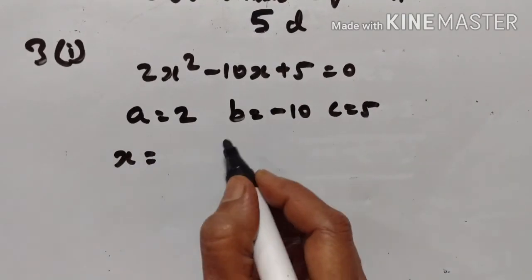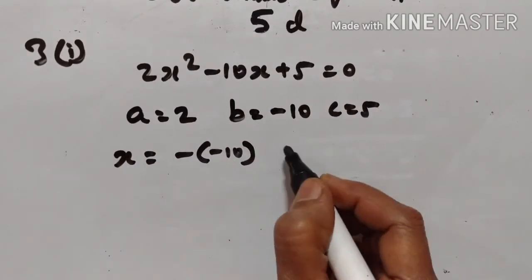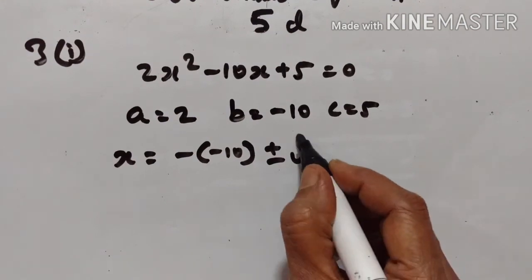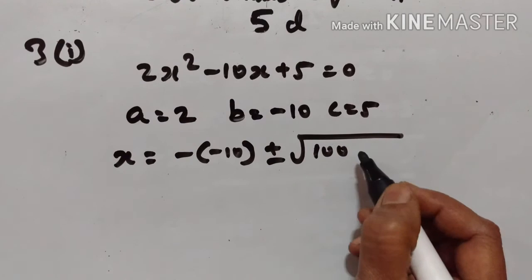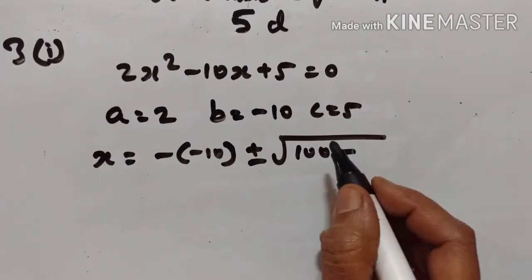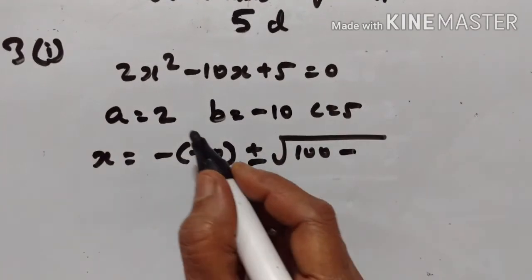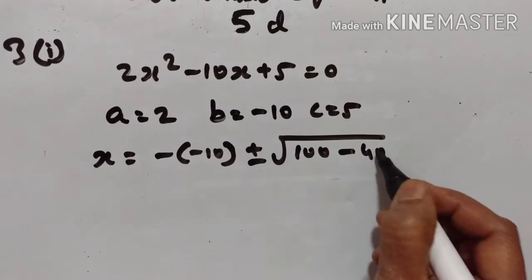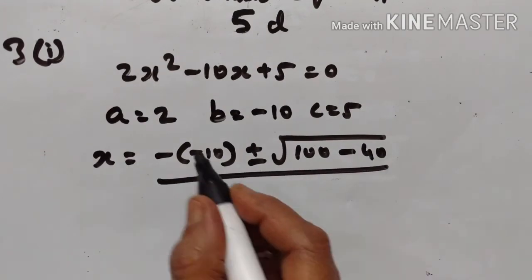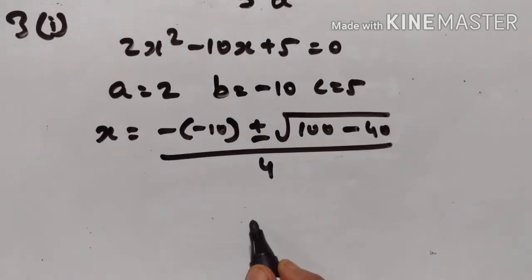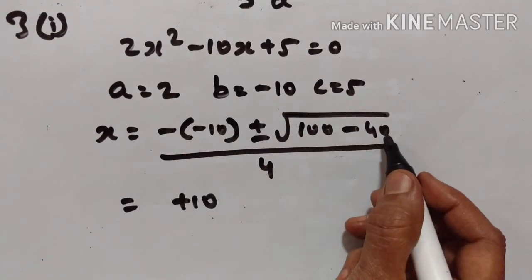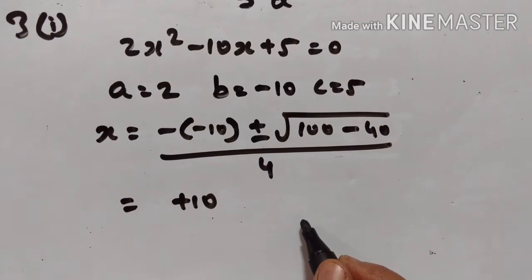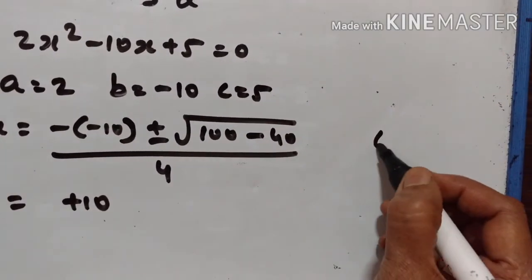So x is equal to minus b, minus of minus 10, plus or minus square root of b squared, minus 10 into minus 10, 100, minus 4ac, 4 2s are 8, 8 5s are 40, upon 2a. Plus 10, 100 minus 40 is equal to 60. Let us find the square root of 60.